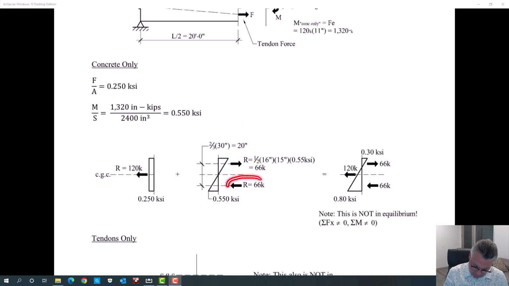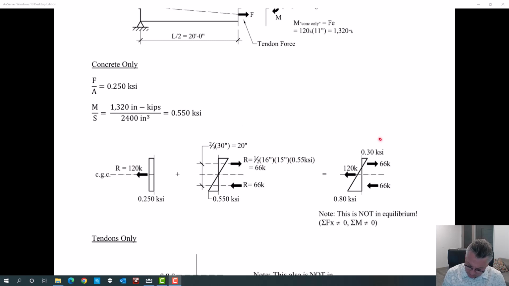That must also be the compressive force. Remember, just due to pre-stressing, we have tension on the top. That's why this is on the right side of this line, and this is on the left side, compression. And 66 kips T and C couple to create that moment.